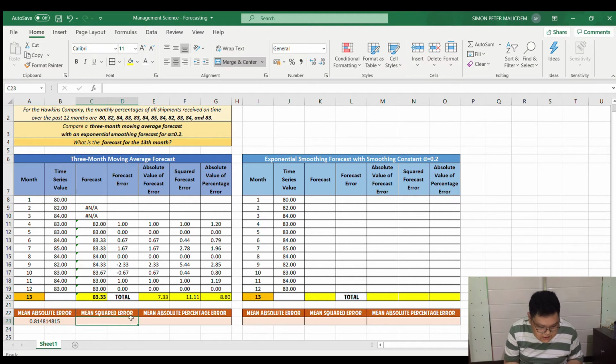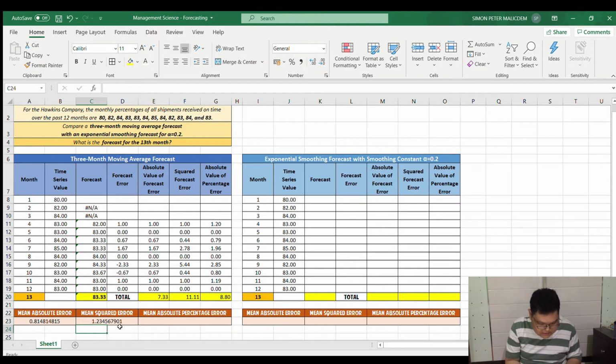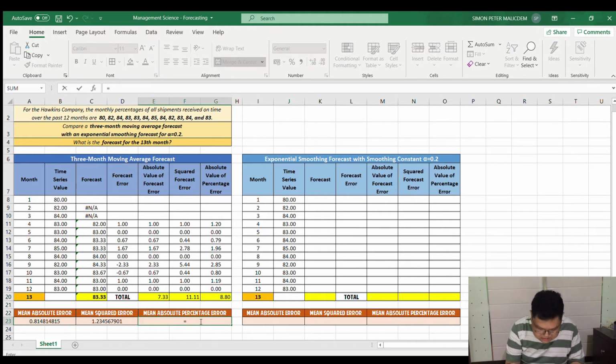For squared forecast error equals 11.11 divided by 9. This is the mean squared error. Mean absolute percentage error equals 8.80 divided by 9.